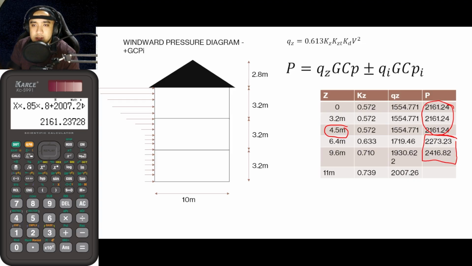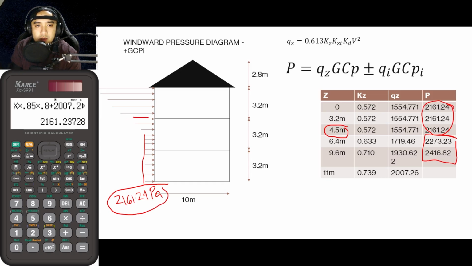And from that, guys, for this first few parts, this is 2161.24 pascals. Take note, pascals, not kilopascals. Then at a height of 6.4 meters at this location, the pressure here is 2273.23.